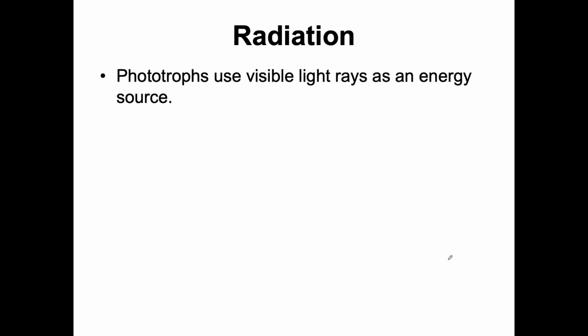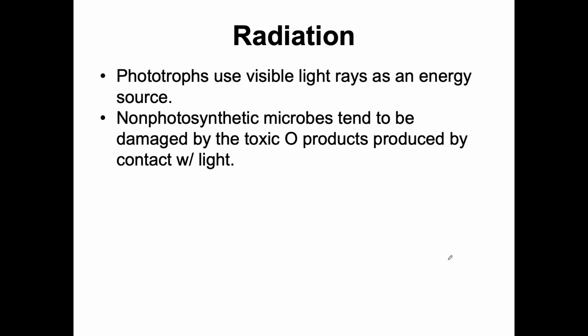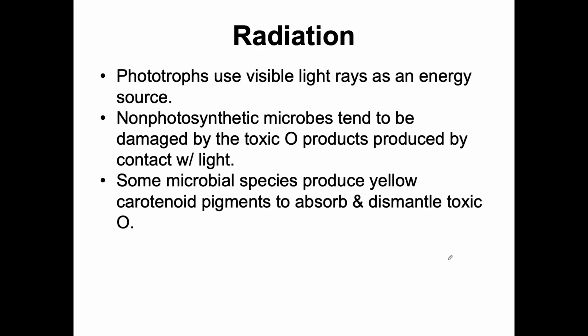Radiation is a form of energy. Phototrophs use visible light as an energy source, while non-photosynthetic microbes tend to be damaged by the toxic oxygen that's generated when UV hits the oxygen and turns it into those toxins, those free radical things like superoxide and so on that we talked about earlier.